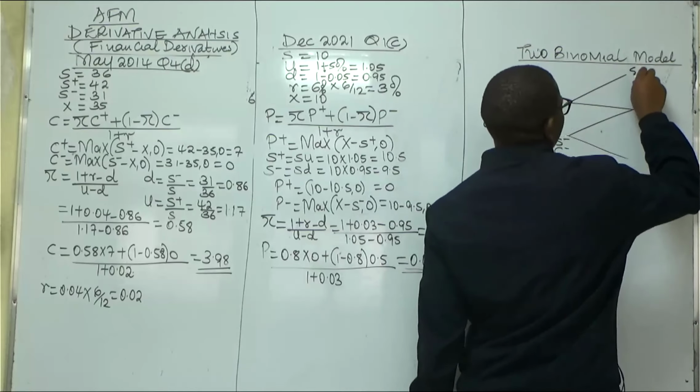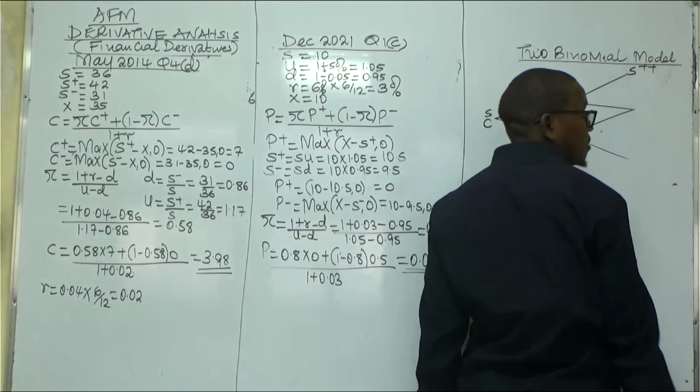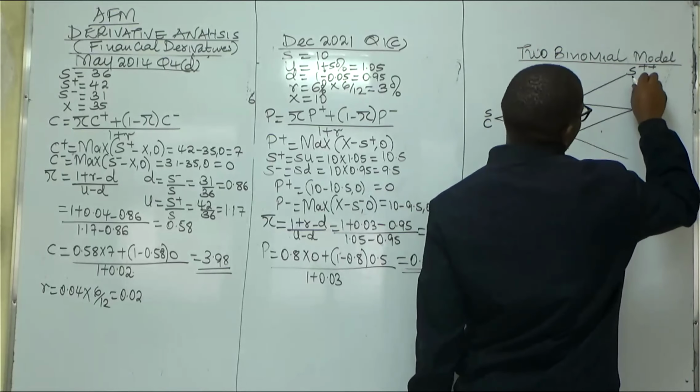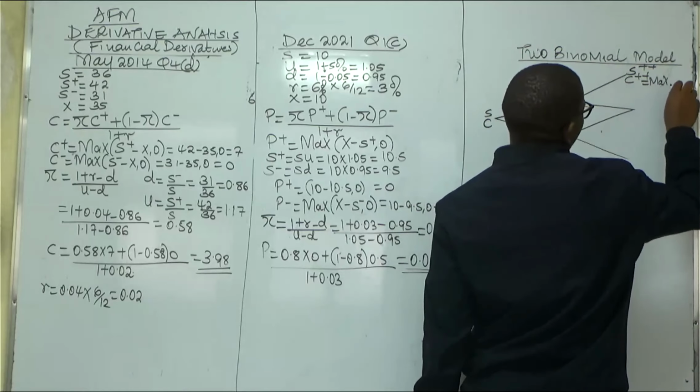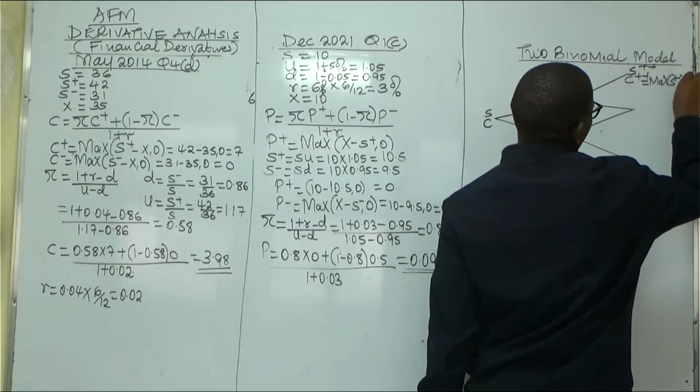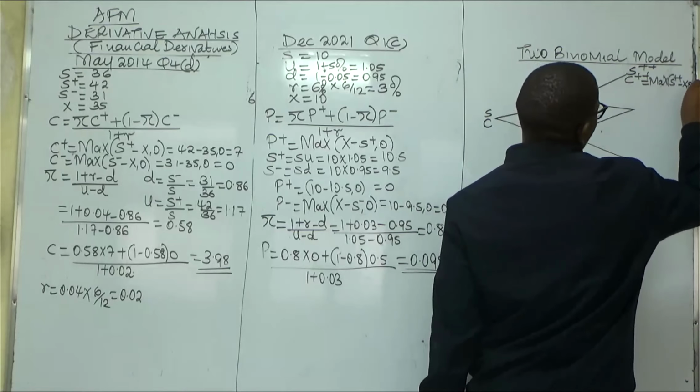Here we are talking about S plus plus, where we need C plus plus, which will be the maximum of S plus plus minus X compared with 0.